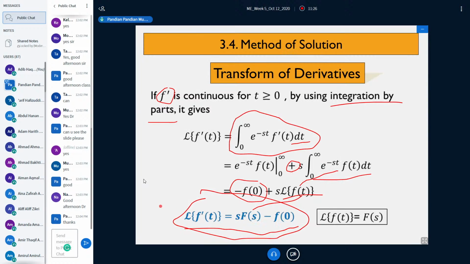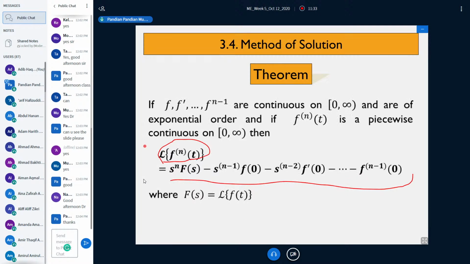This slide 6 is missing. This one, the Laplace of f dash t, means n is 1. Now if you substitute n equals 1 here, you can do the testing now. You just test. Substitute n equals 1, so s to the power 1 F(s).